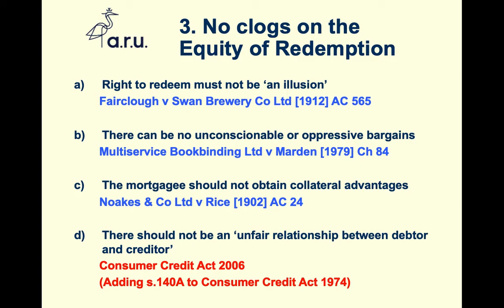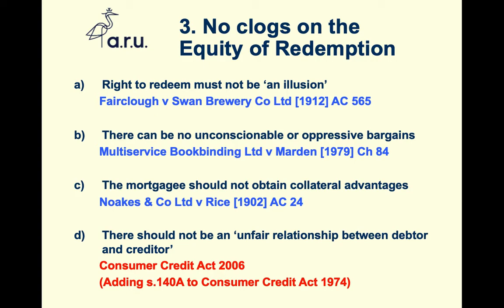Looking then at whether there is an unfair relationship between the debtor and the creditor, we're seeing again that the courts will look into the equality of the bargain and the equality of the parties within that bargain.